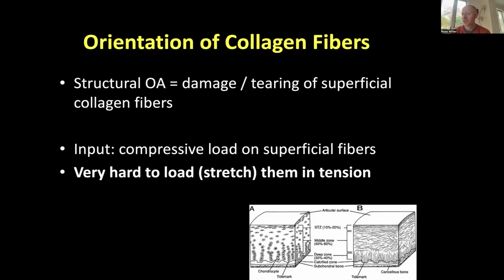We generate that compressive load, which because of the orientation of those collagen fibers starting perpendicular on the bone and then fanning out and then getting parallel at the top there, because that then sustains compressive loading, makes it really hard to stretch those superficial collagen fibers in tension. Nonetheless, it is possible to still break and snap them. And so this isn't a foolproof way of preventing damage to cartilage, but it is a way of reducing the odds of damage to cartilage.